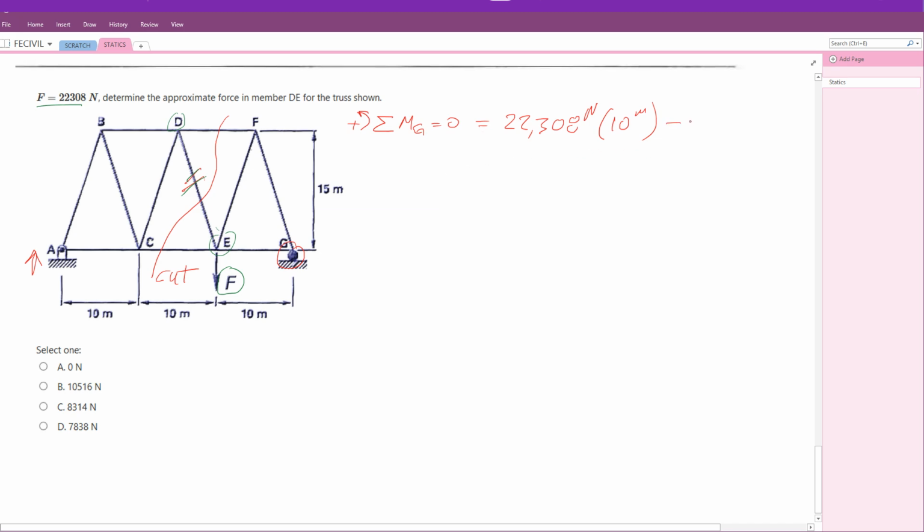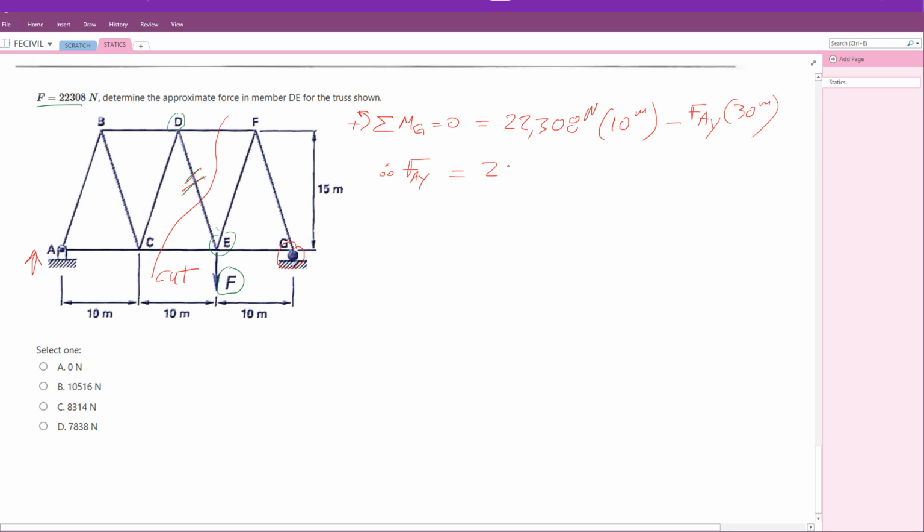It's gonna be minus, I'm gonna call it FAY, times the distance, which is 30 meters. Okay, it's all gonna equal to 0. Thus we're gonna solve for FAY. FAY is gonna basically move to this side, and then we're gonna divide by 30.